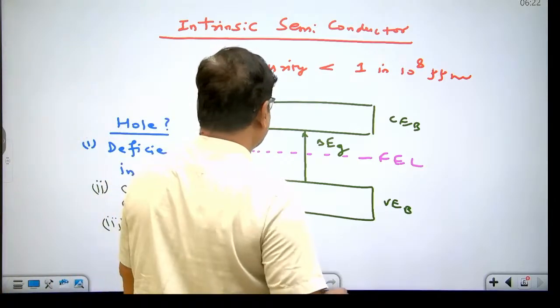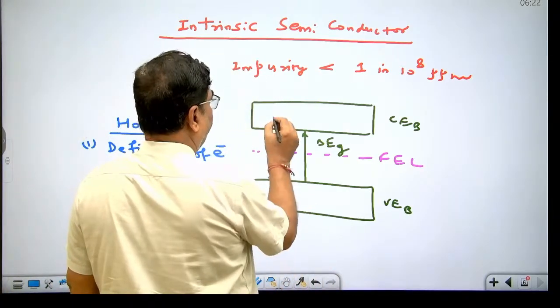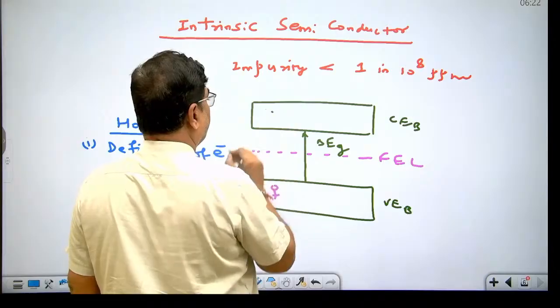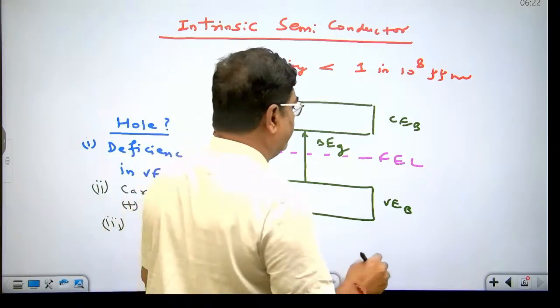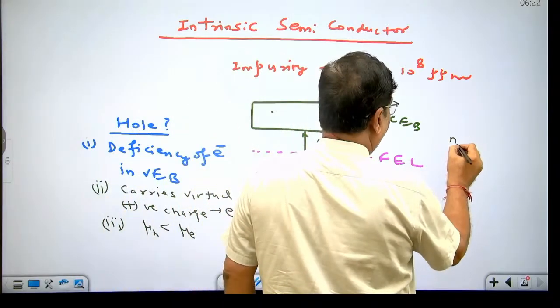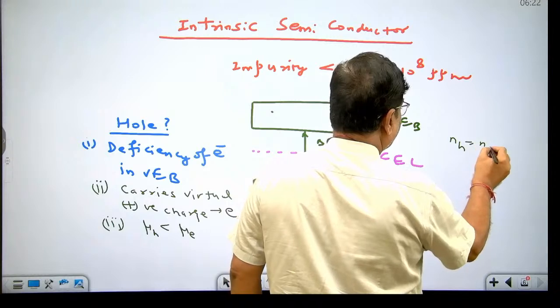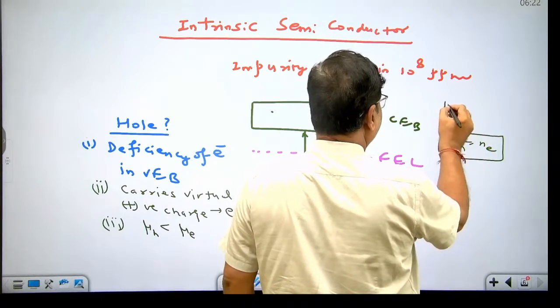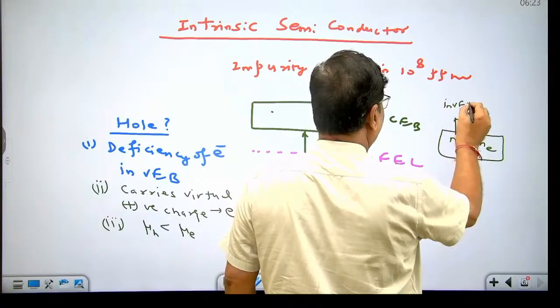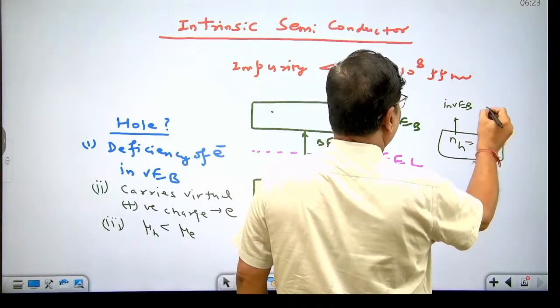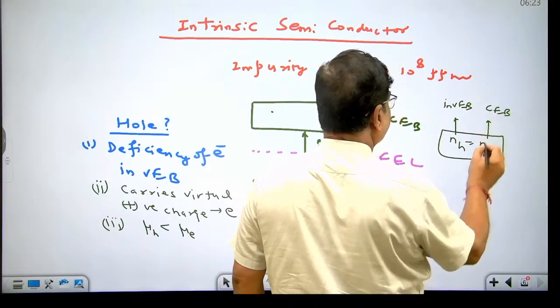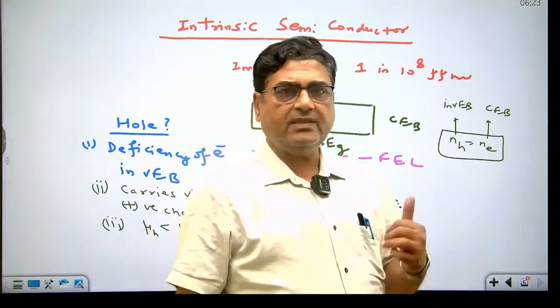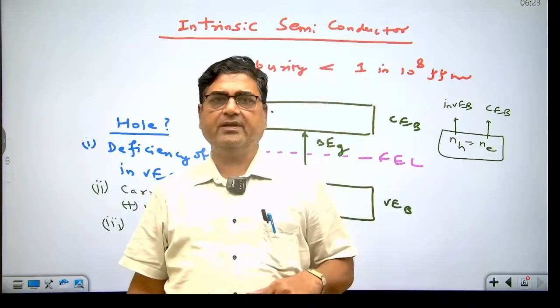In case of intrinsic semiconductor, number of holes in valence energy band is exactly equal to number of electrons in conduction energy band. This is the mathematical definition of intrinsic semiconductor.